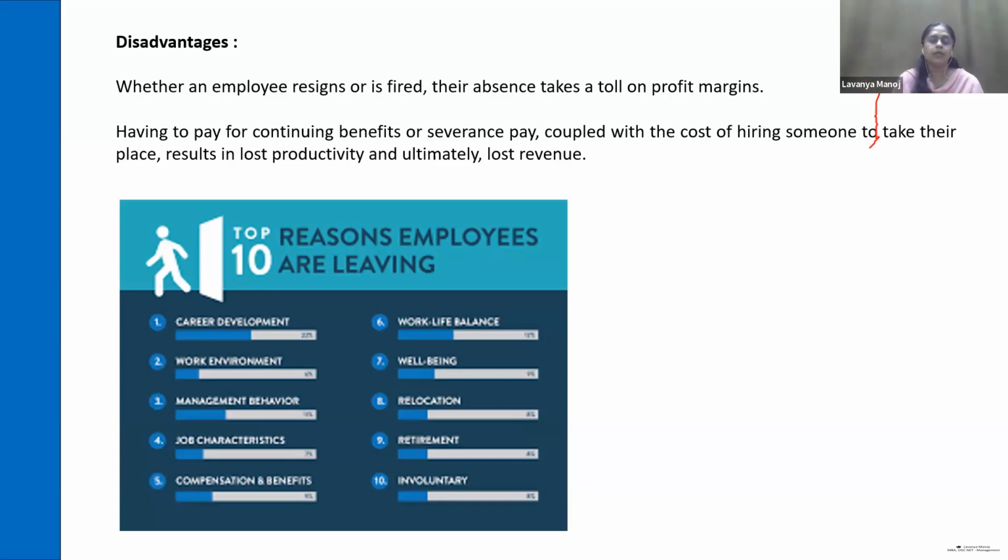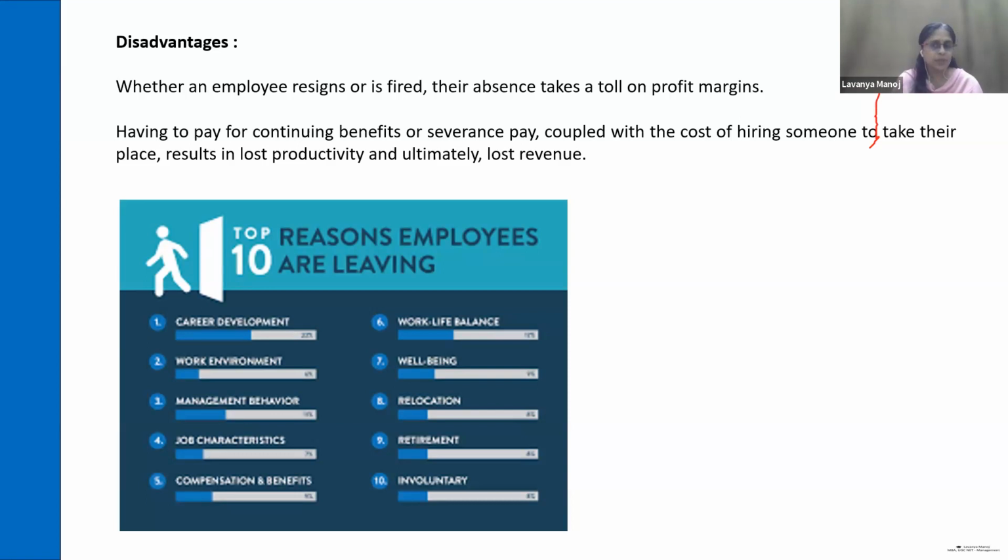Again they have to make them understand the workflow, the organizational flow, the hierarchy, the structure, everything. It would take at least one to three months for a new employee to learn completely about the organization. So that takes time, which is bad for the organization.